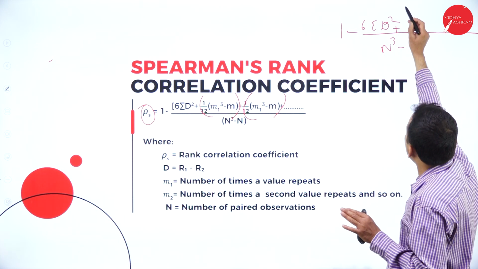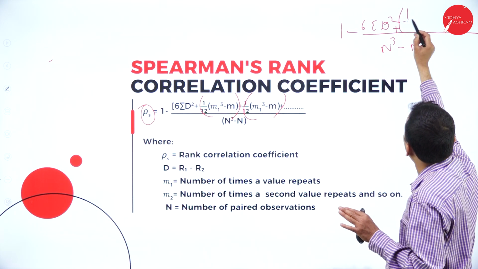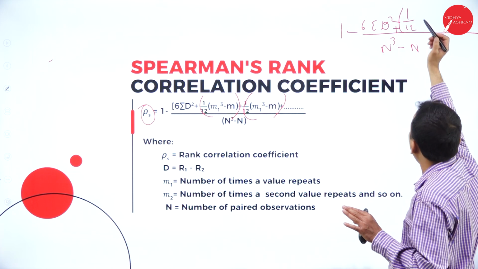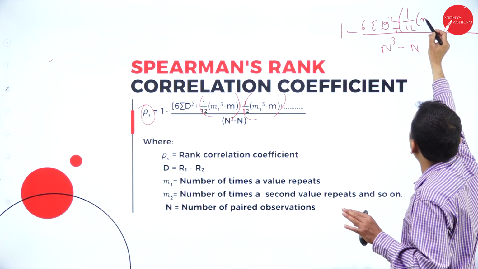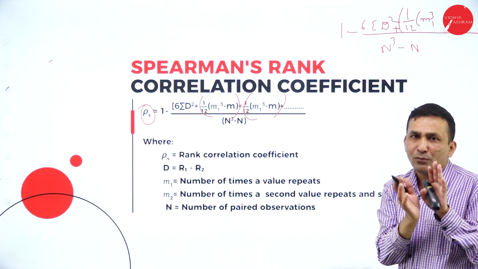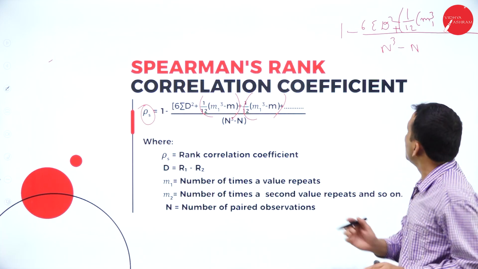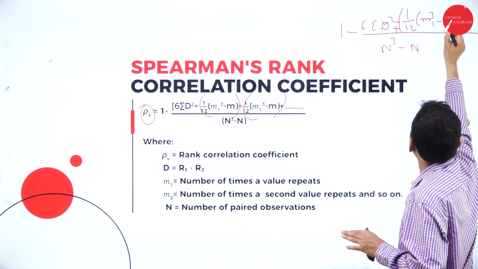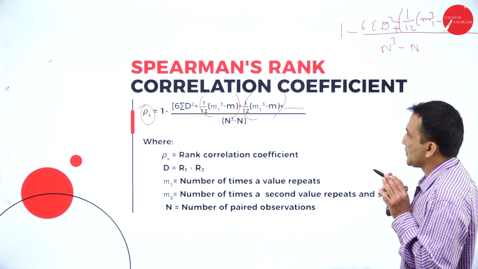So that's what. The correction factor you must always remember: 1 by 12 into M1, where M1 is the first student, to the power of 3, because the formula always has a cube, so M1 cubed minus M1.